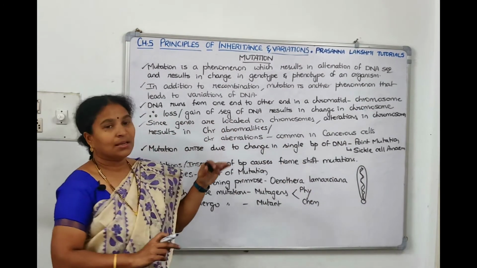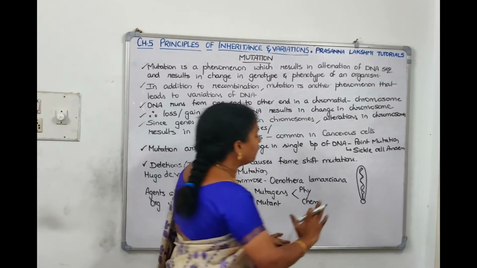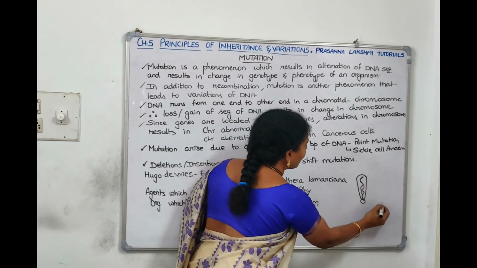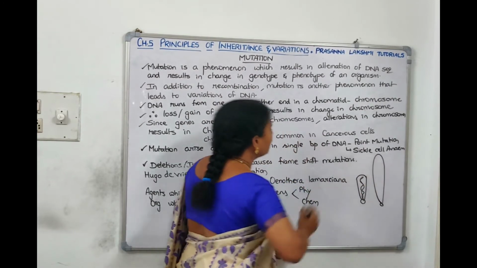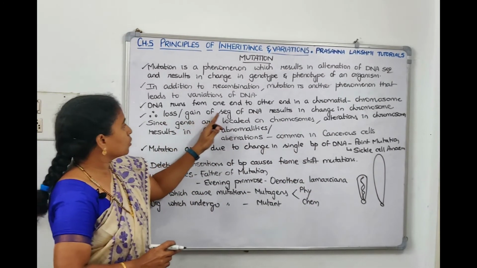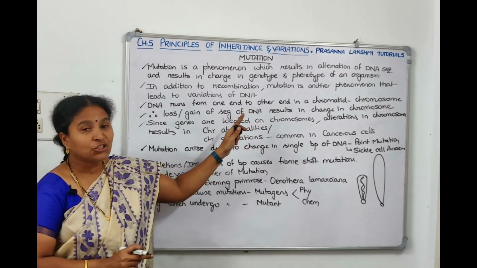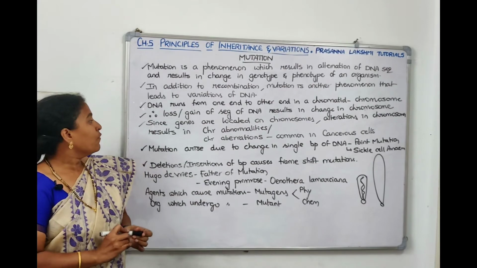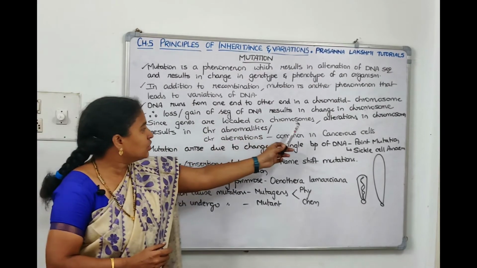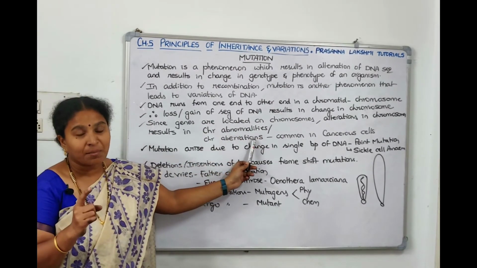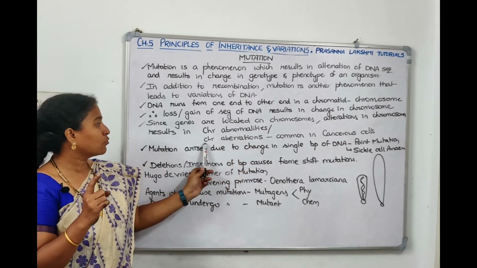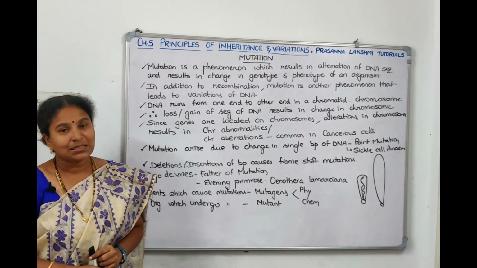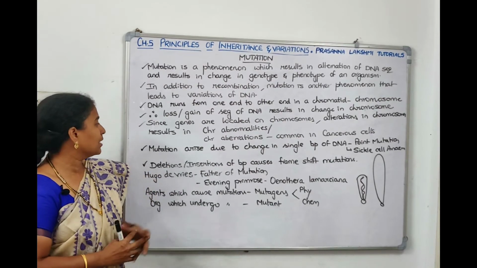Any gain or loss of a segment of DNA will change the structure of the chromosome also. So that's why we call the chromosomal changes chromosomal abnormalities. We can also call them chromosomal aberrations, which are commonly seen in cancerous cells, oncogenic cells.